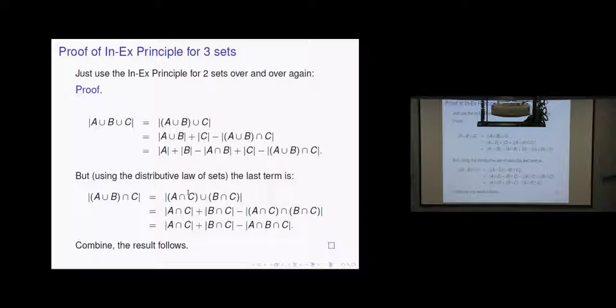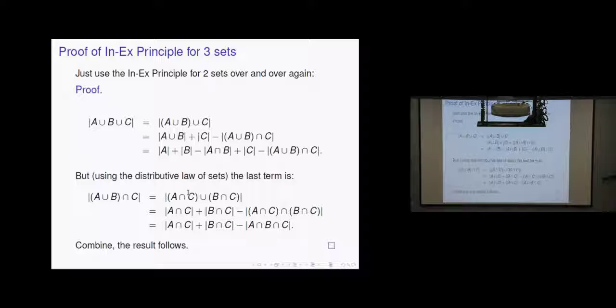Now C is here, C is here. The last term we need to take a closer look at. The last term is (A union B) intersect C. Now there's a law called the distributive law for the operation on sets.